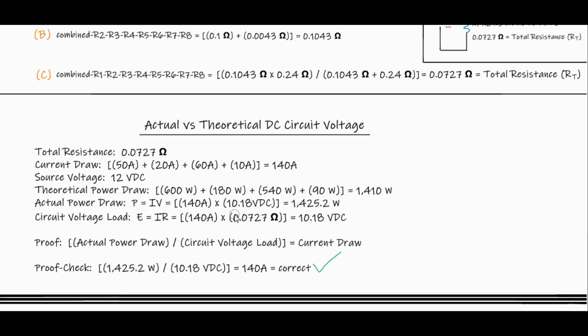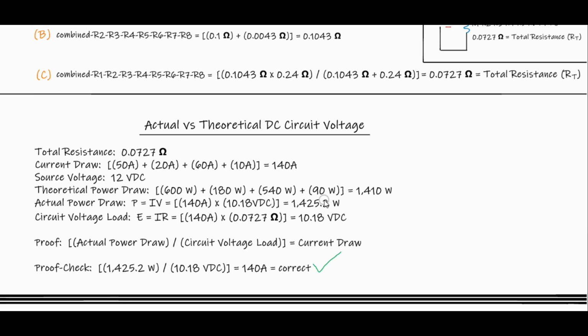So when we multiply these two out, we calculate an actual circuit voltage load of 10.18 volts DC, or about 10.2 volts DC drawn out of the battery. So when we multiply 10.18 volts times 140 amps, we calculate 1425.2 watts actual power draw, which is very close to the theoretical power draw.